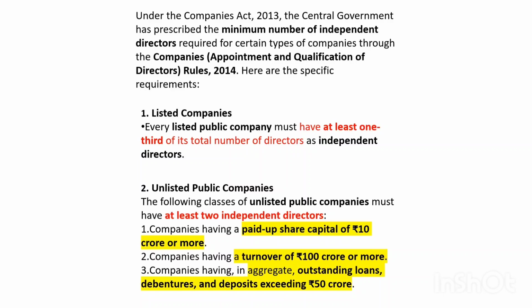For unlisted public companies, it shall have at least two independent directors with respect to paid up share capital of 10 crore rupees or more, turnover of 100 crore or more, or companies having in aggregate outstanding loans, debentures and deposits exceeding 50 crores. For such companies, they shall have at least two independent directors.